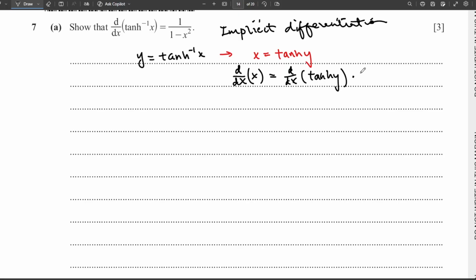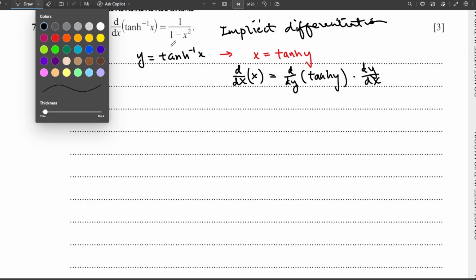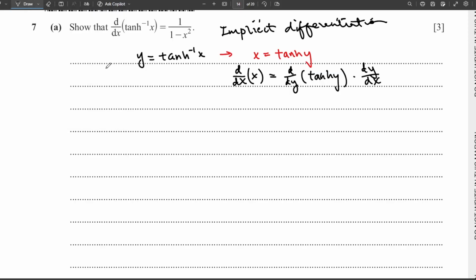We replace this dx with dy, then to get back the dx, we multiply by dy/dx. The dy and dy cancel out, and you're left with dx. This is how you do implicit differentiation.